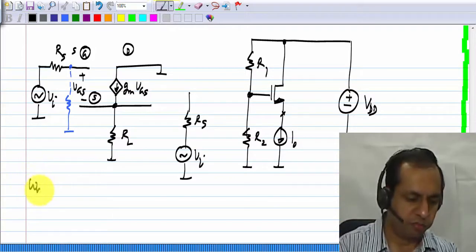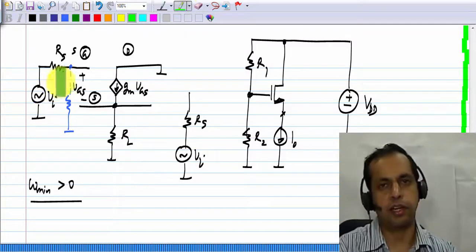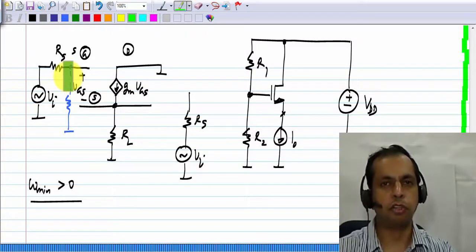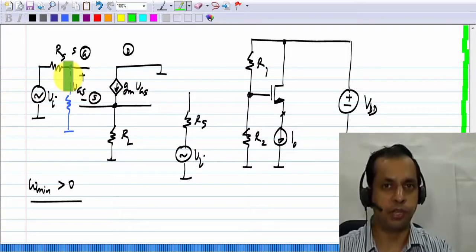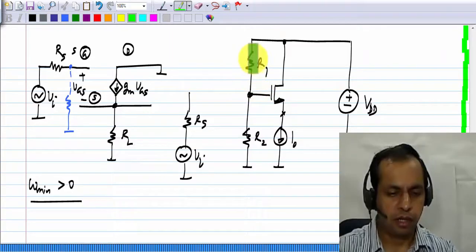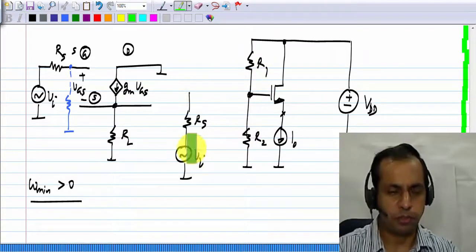The minimum signal frequency is greater than 0. That is, we are not interested in a DC signal. It has some minimum frequency. It could be 1 kilohertz, it could be 1 hertz, it could be 1 megahertz, whatever it is, but it's not 0. In that case, we can use capacitive coupling to combine the DC value obtained from the voltage divider with the signal obtained from the source.